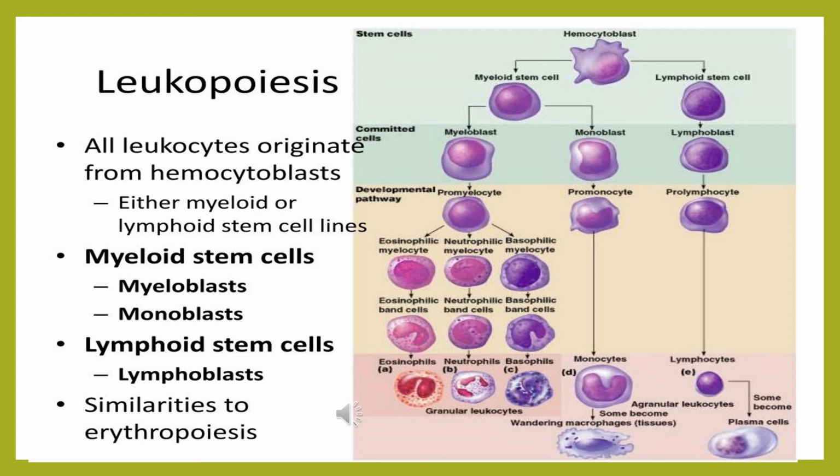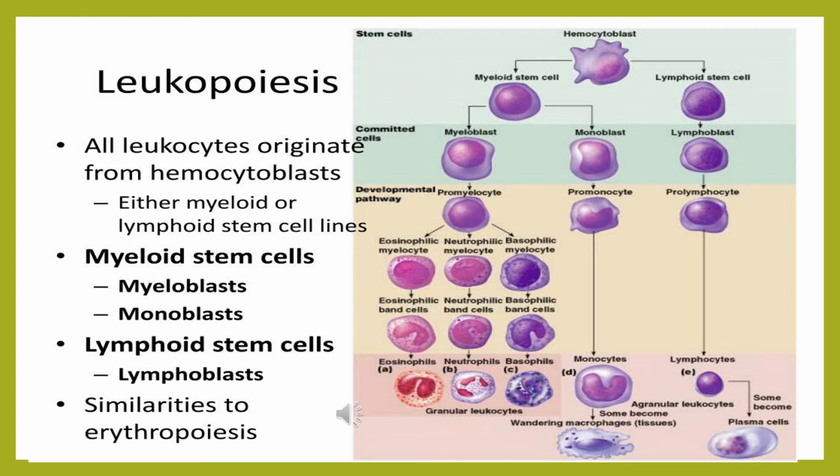This hemocytoblast undergoes division and differentiation into two types of stem cells: the myeloid stem cell and the lymphoid stem cell. The myeloid stem cell again divides and forms two types of new cells, the myeloblast and the monoblast.